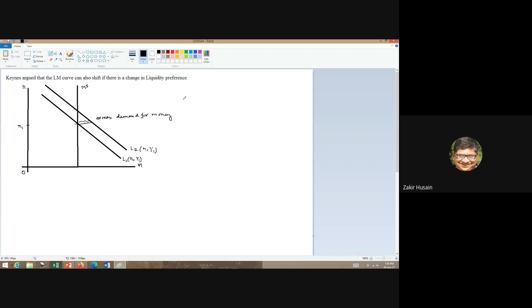If there's excess demand for money, this will imply that in the bond market you have excess supply. So the price of bonds will decrease and the rate of interest will rise to R2.